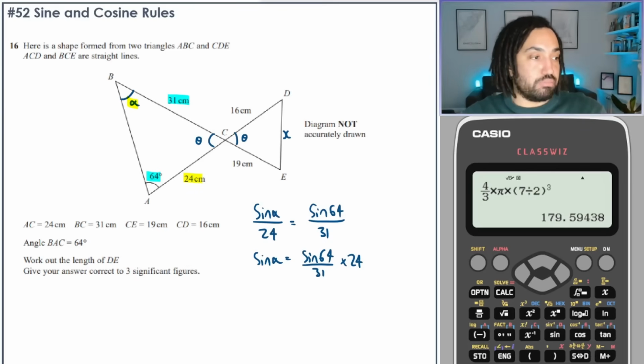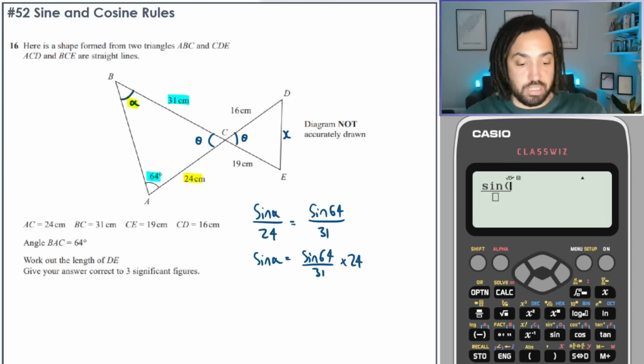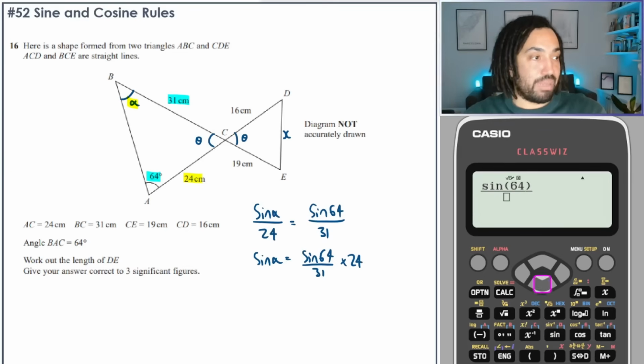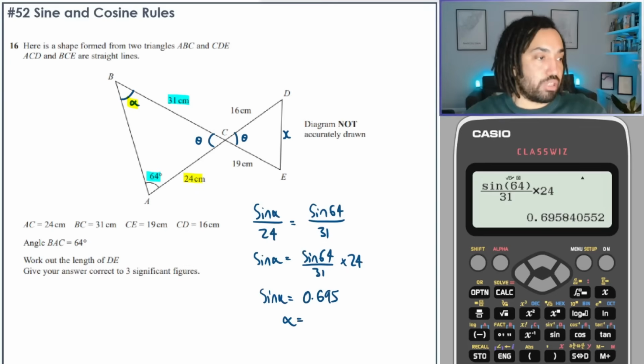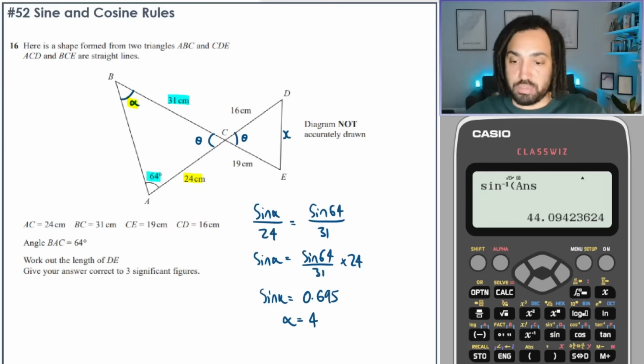Okay, let's put that in our calculator. Sine 64 over 31 times by 24. And this gives us that sine alpha is equal to 0.695. So we can find alpha by doing sine to the minus 1 of that value. So that's 44.1.